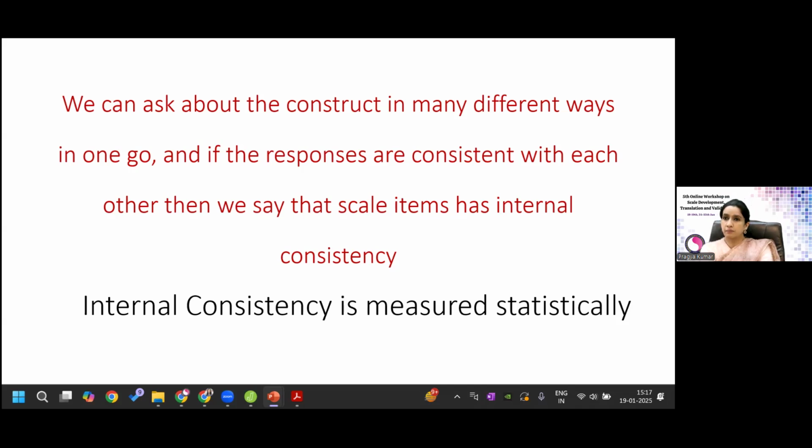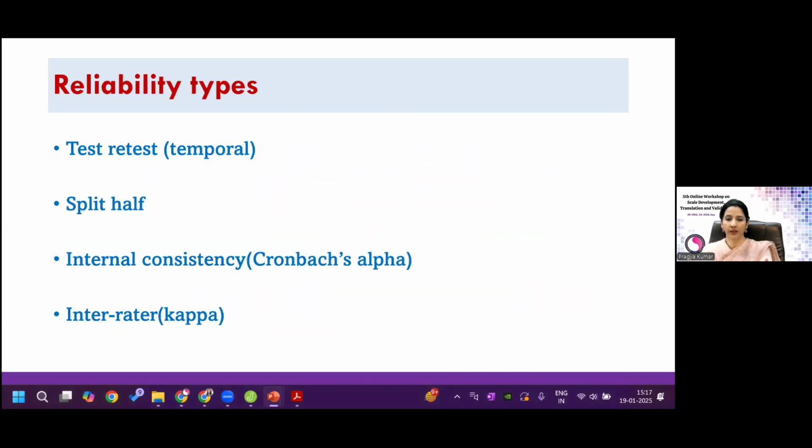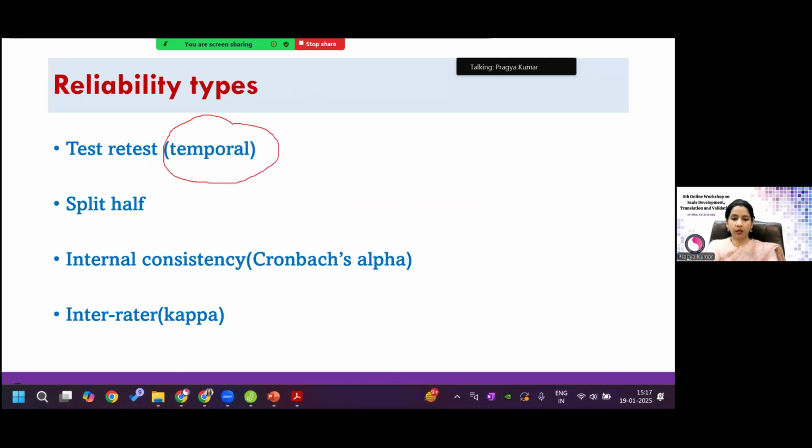Split half you can skip, but Cronbach alpha and temporal, these two are needed. Inter-rater depends on whether you are using multiple raters.